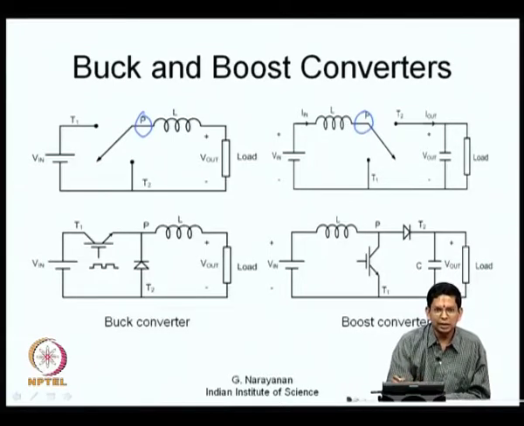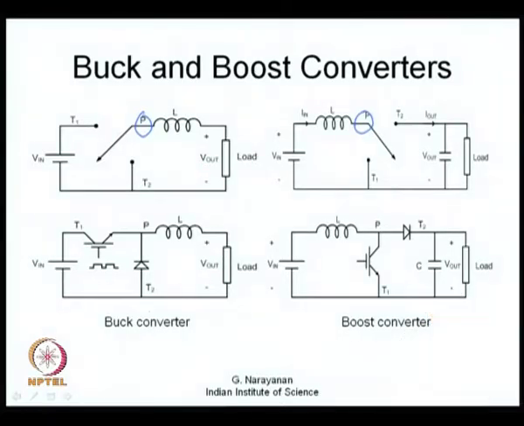Let us take a closer look at the various average voltages that we will have here. You can draw the circuits using single pole double throw switches, and you can replace the single pole double throw switches using actual electronic switches. Once we have done this, let us look at the average voltages in this circuit.